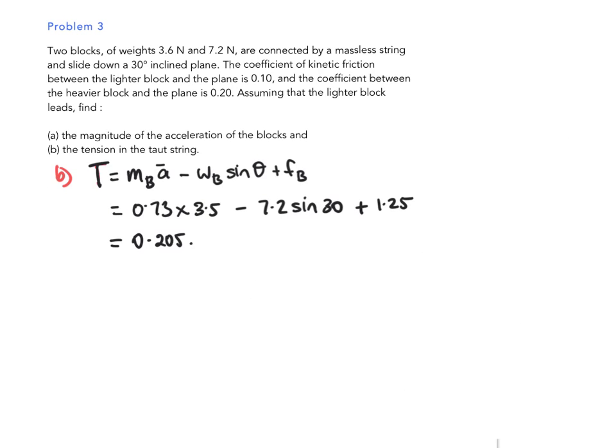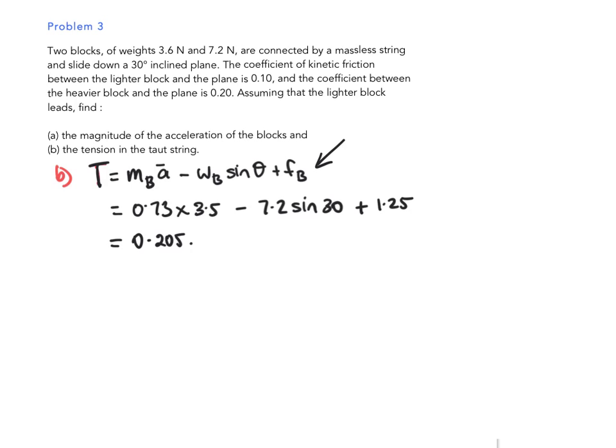So in the last problem, we came up with an equation that looks like this for the tension. So we've got everything we need to plug back into that now. We had two unknowns, acceleration and tension. We worked out the acceleration, so we can go back and find the tension. We know the mass of the second block, it's 7.73 kilograms.